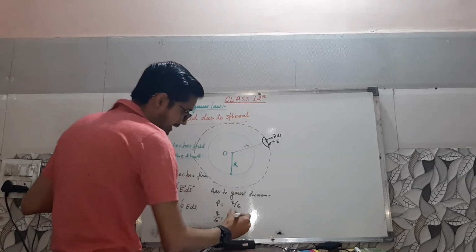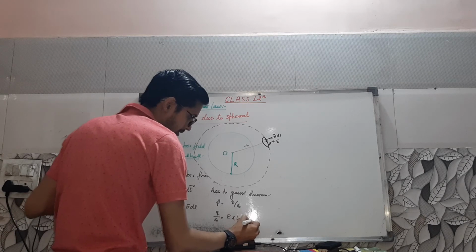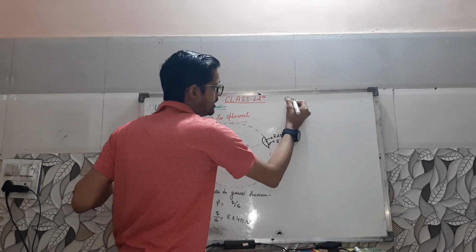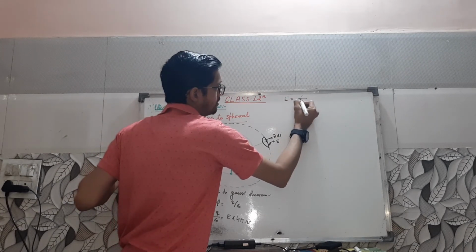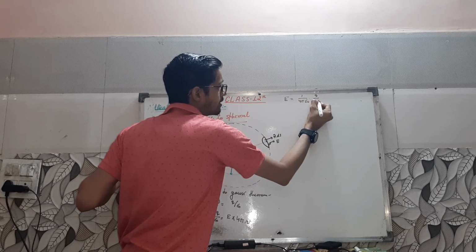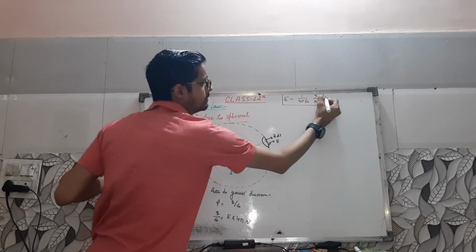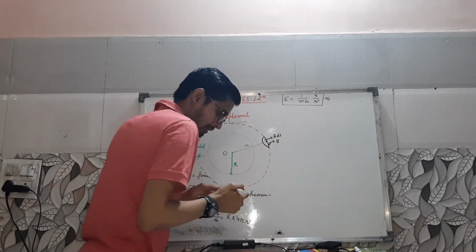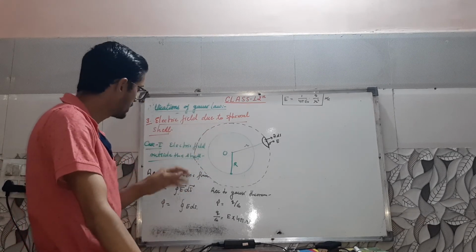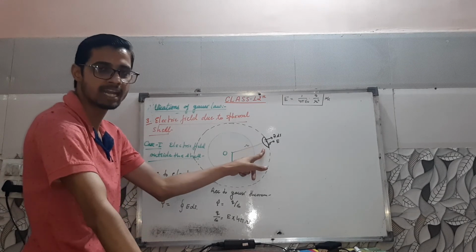It is the surface area, and it is nothing but 4 pi r square. So E will be equal to 1 upon 4 pi epsilon naught into q upon r square. What does it conclude? It means that electric field due to a spherical body outside the shell behaves like a point charge.